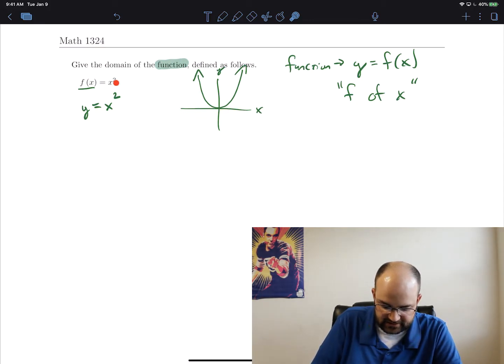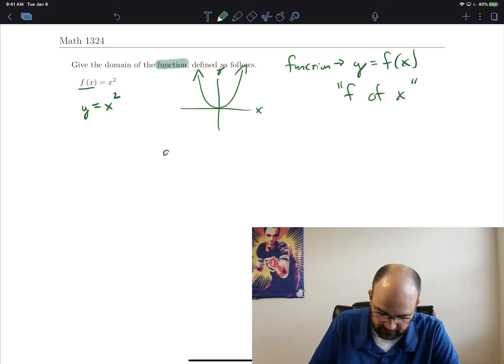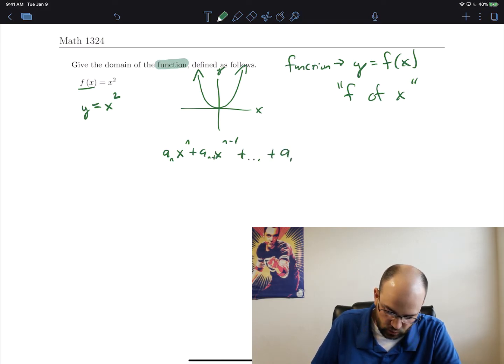And because this is a polynomial, and a polynomial takes the form of a sub n x to the n plus a sub n minus 1 x to the n minus 1 plus dot dot dot all the way down to a sub 1 x plus a naught.